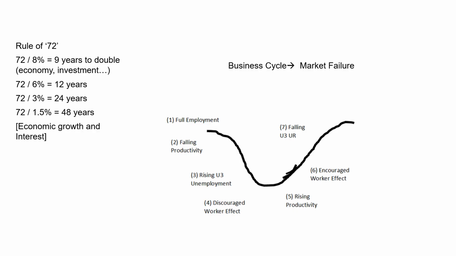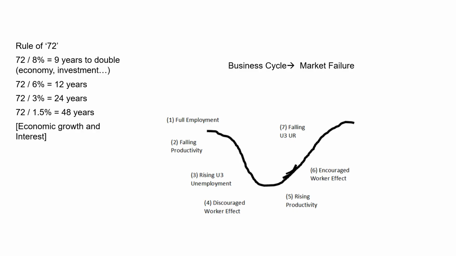Compounding is that wonderful thing that Albert Einstein found to be the most intriguing thing, far more than the theory of relativity. I'm kind of exaggerating, but he was really taken with this whole idea of compound interest. So in this case, again, you just take 72 divided by 8, and it takes 9 years to double.